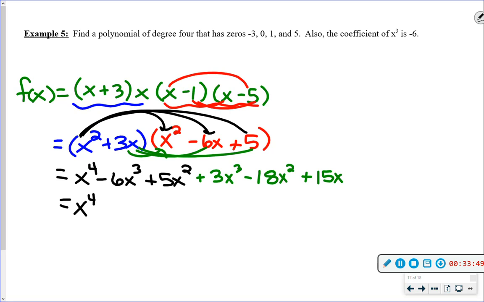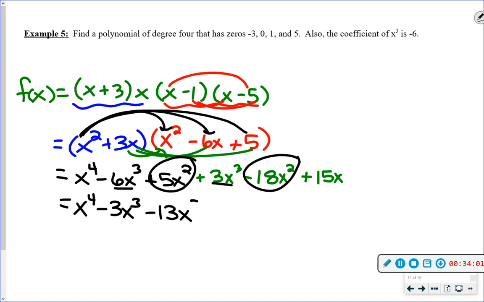Okay, cubes. -6 plus 3, let's combine those. Then I'm going to do my squareds. 5x squared minus 18x squared. And poor 15x doesn't have any like terms to combine with. I kind of feel bad for them. It's kind of sad news there, 15x, but it is what it is.